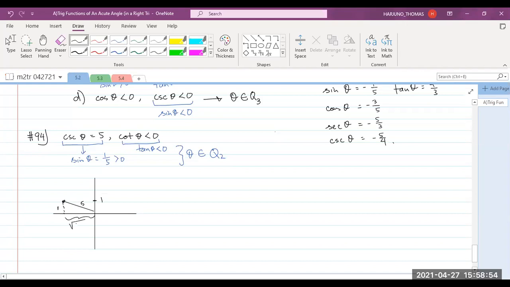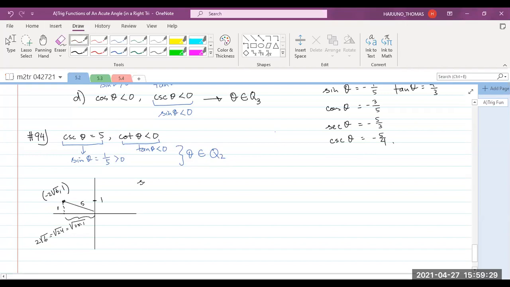That will be square root of 25 minus 1, which is square root of 24, which is 2 radical 6. Right? So the x will be negative 2 radical 6, comma 1. You can just leave it for radical 24 for now, but if I were you, I would simplify that right away. Now, once you get the coordinate, then you can work on that.